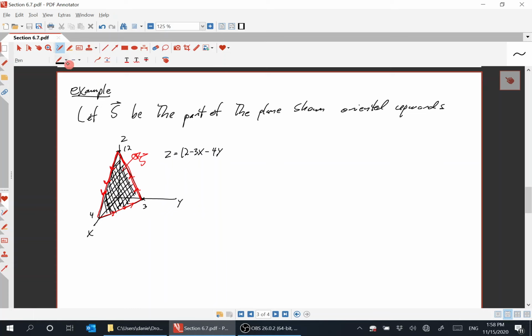And then C is the boundary curve of this surface.